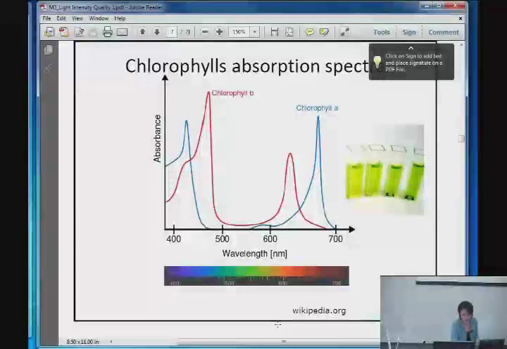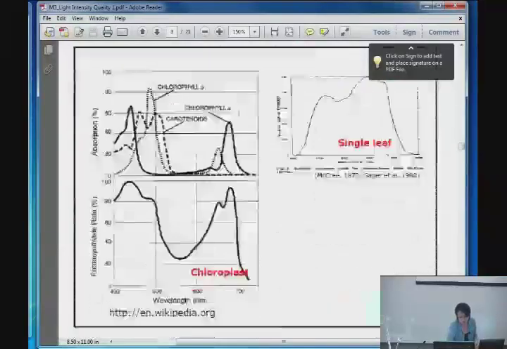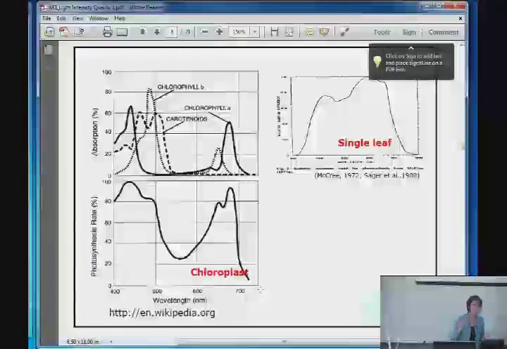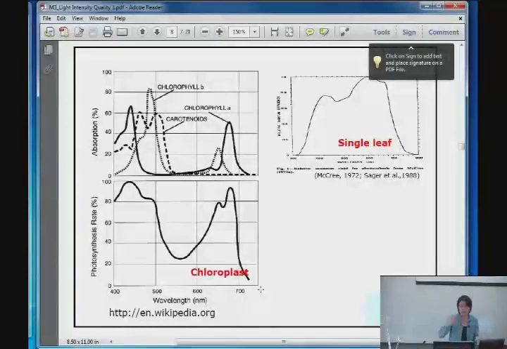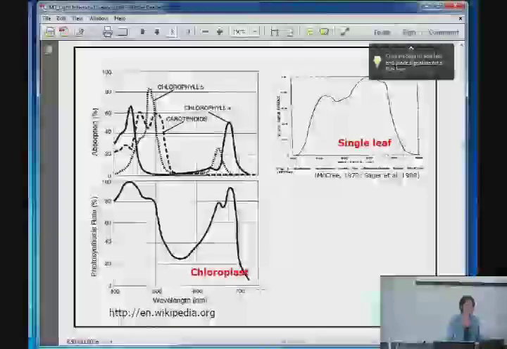If you look at a different level, for example the chloroplast or the single leaf, and express the absorption or photosynthetic efficiency at the different levels, chlorophyll, chloroplast, and single leaf, then you see that it looks very different.